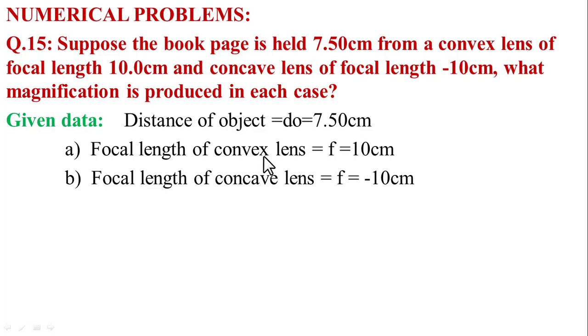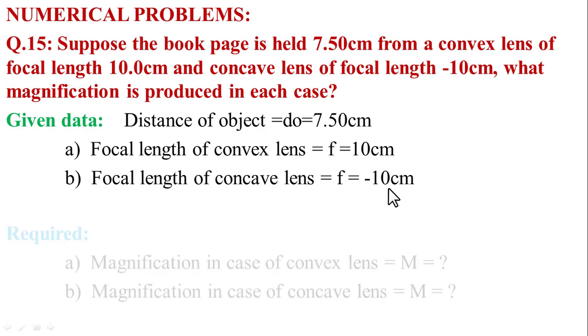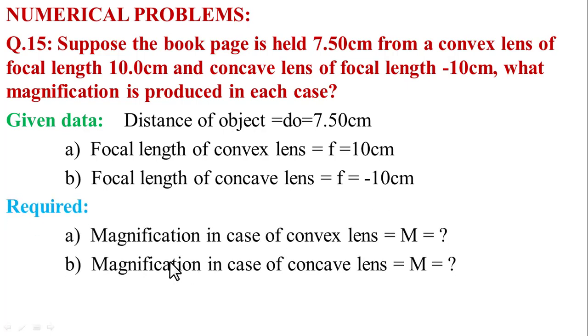Focal length of convex lens f is equal to 10 centimeters, and focal length of concave lens f is equal to minus 10 centimeters. Now we are required to find the magnification in case of convex lens m and magnification in case of concave lens m.